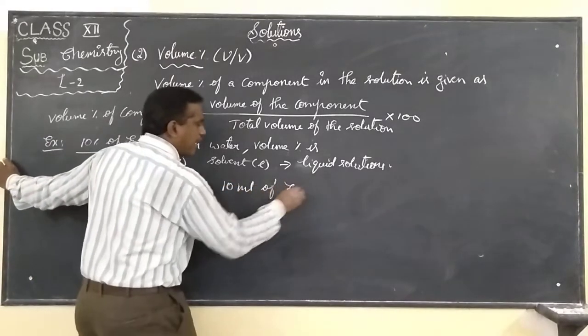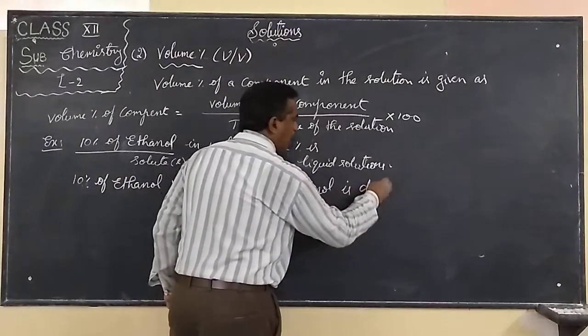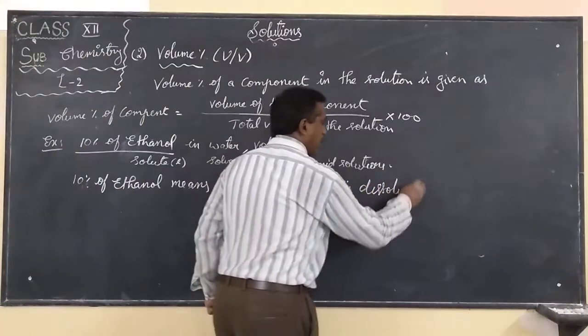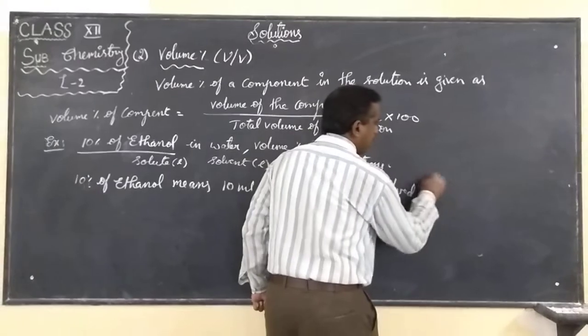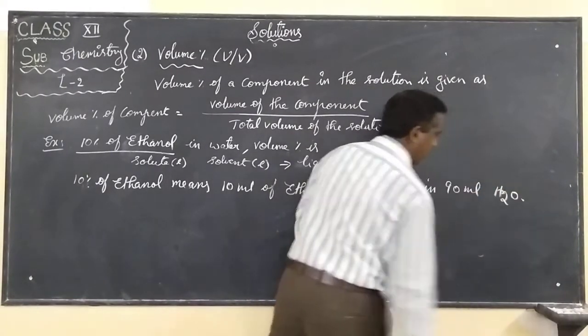ml of ethanol is dissolved in 90 ml of water.